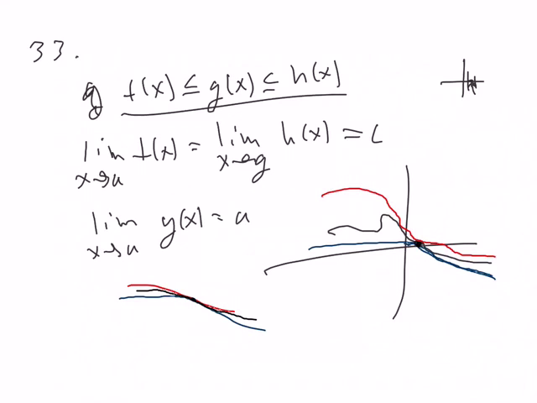So in our problem, problem 33, they ask us to find the limit as x goes to infinity of x squared cosine 20 pi x.